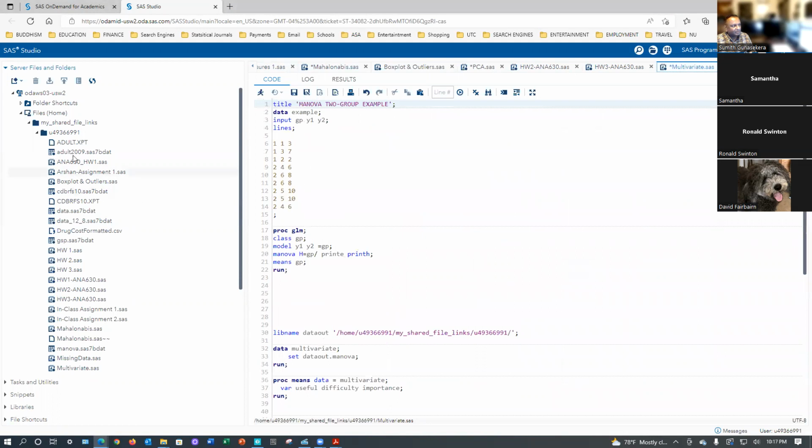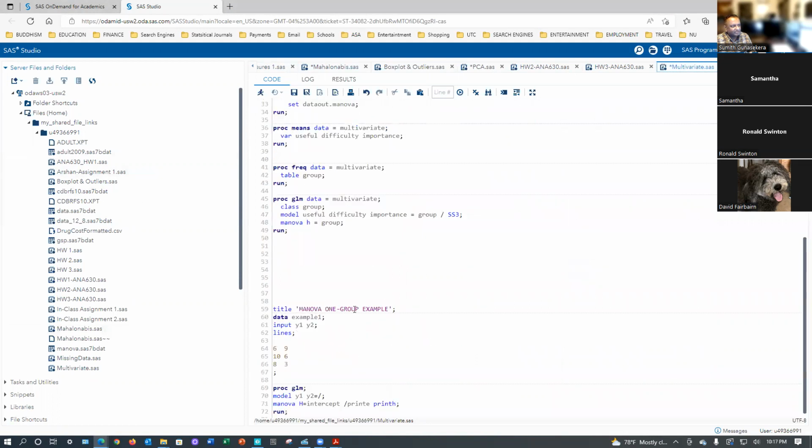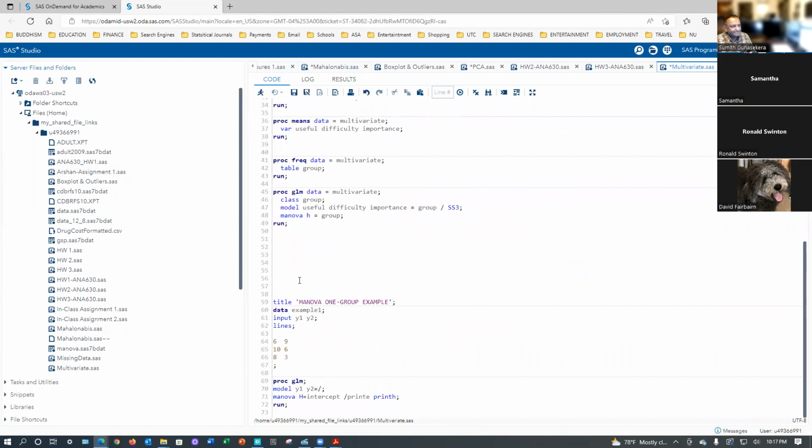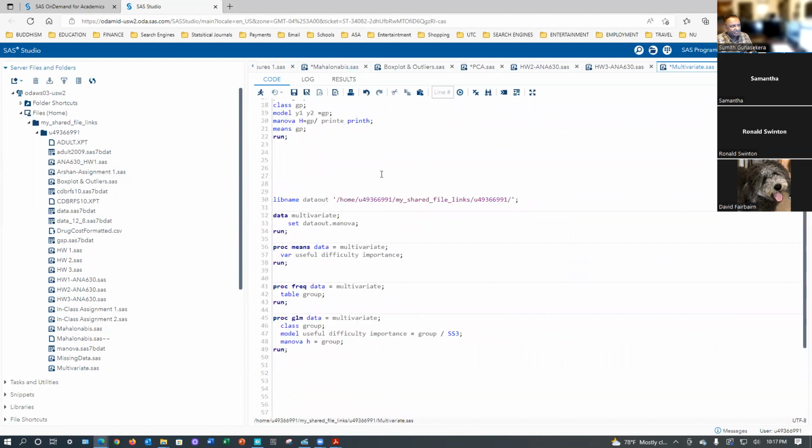So I got this one here. I put it in data out, and from the data out, any way you want, I call the MANOVA. Now I call it the multivariate. If you want, you can check the means and everything. You can see the variables being given.